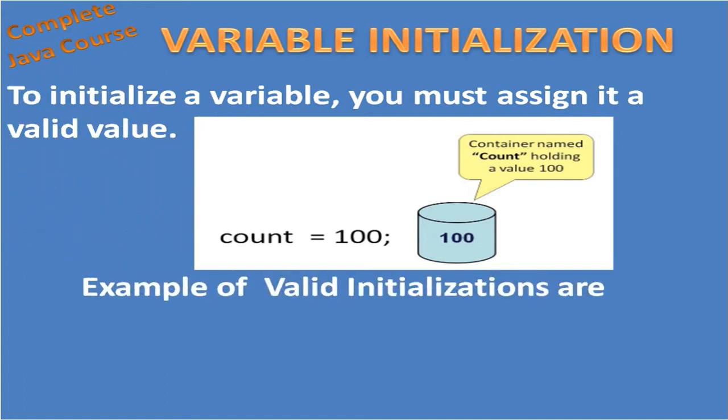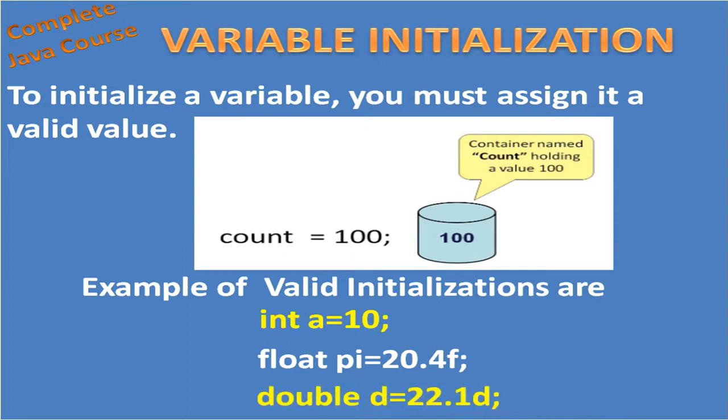Examples of valid initializations are int a equal to 10, float pi equal to 20.4f, and double d equal to 22.1d. Here you are using the suffix f to denote float data, and the suffix d to denote double data.